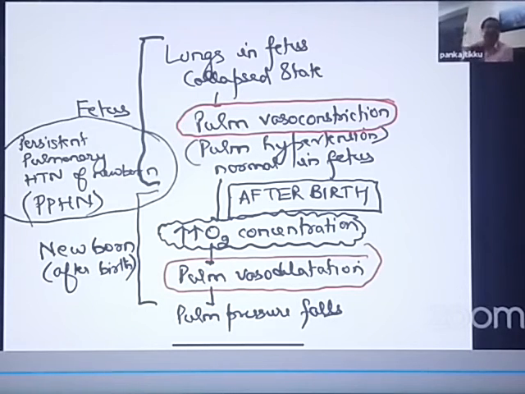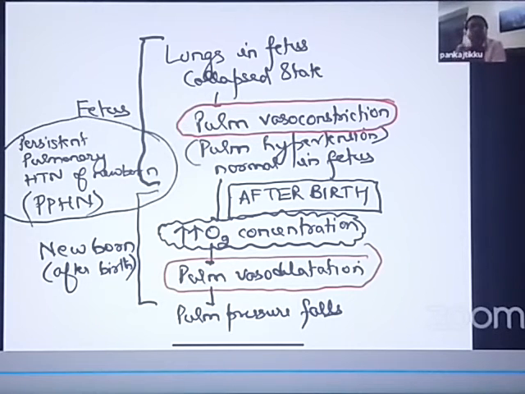So one of the conditions is diaphragmatic hernia. In congenital diaphragmatic hernia, one cause of death is pulmonary hypoplasia. That means the lungs do not expand after birth because the lungs are getting compressed by the abdominal contents, and as a result, persistent pulmonary hypertension of the newborn. I hope you have clearly understood now.